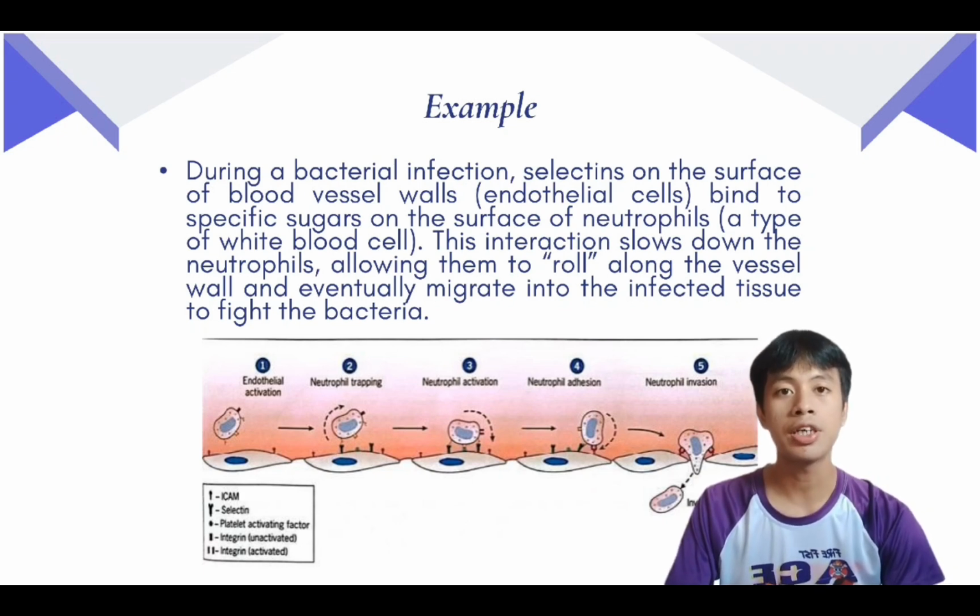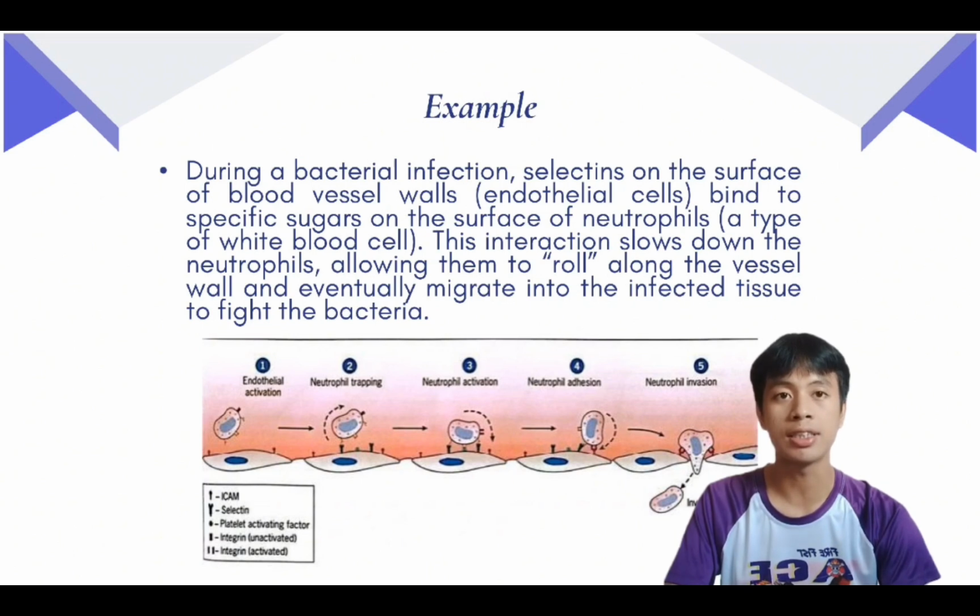During a bacterial infection, selectins on the surface of blood vessel walls, or endothelial cells, bind to specific sugars on the surface of neutrophils, a type of white blood cell. This interaction slows down the neutrophils, allowing them to roll along the vessel wall and eventually migrate into the infected tissue to fight the bacteria.